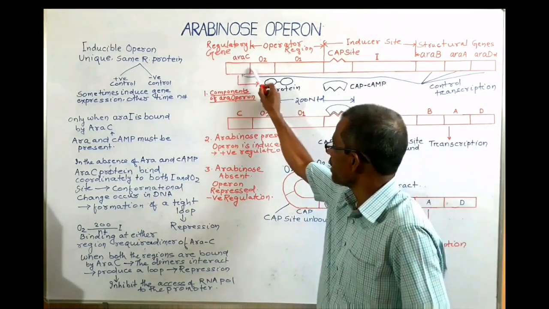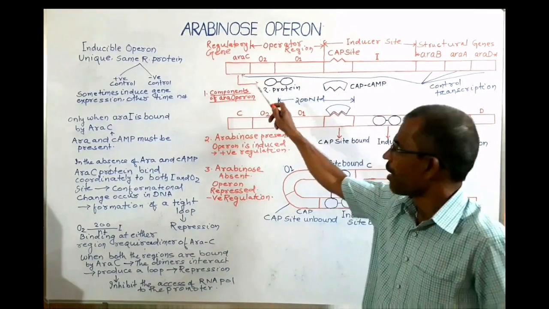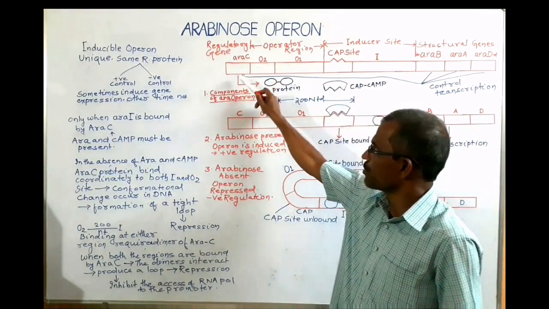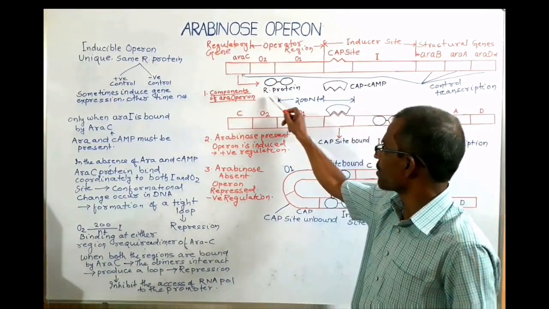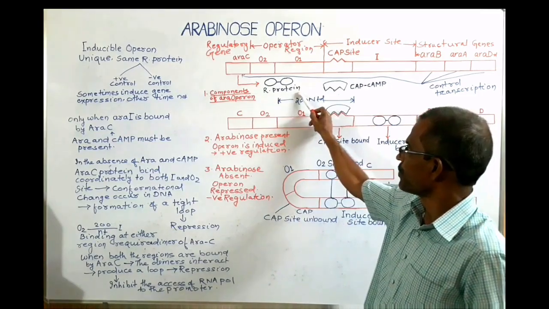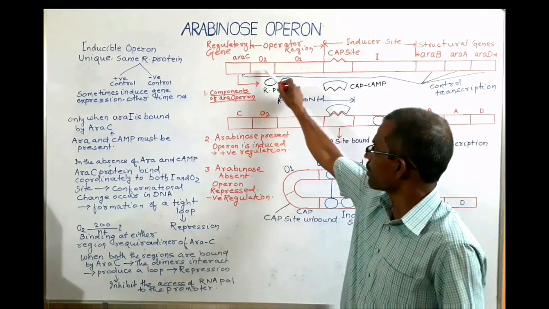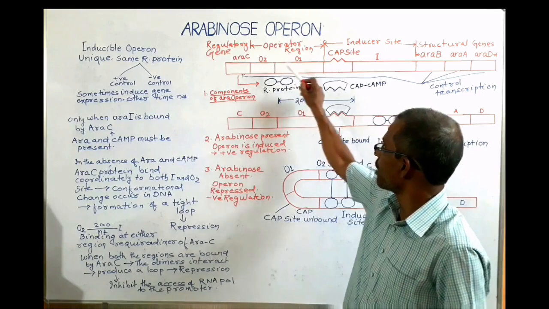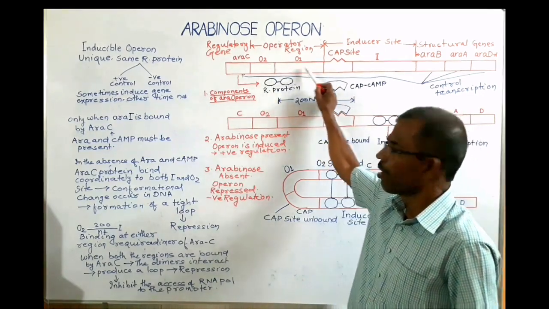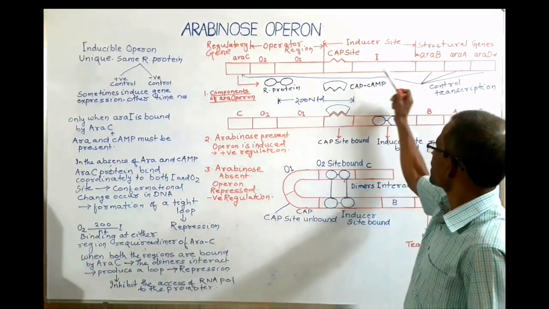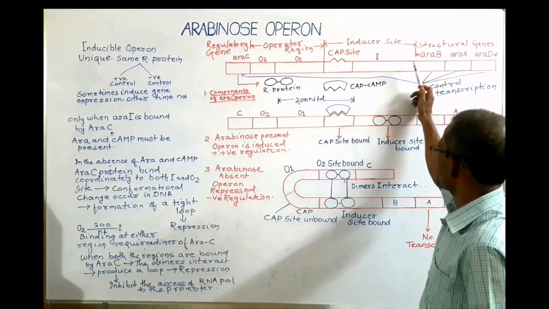First segment is araC. araC is the regulatory gene that codes for the regulatory protein. And there are two operator regions, O2 and O1. Next is the inducer site.